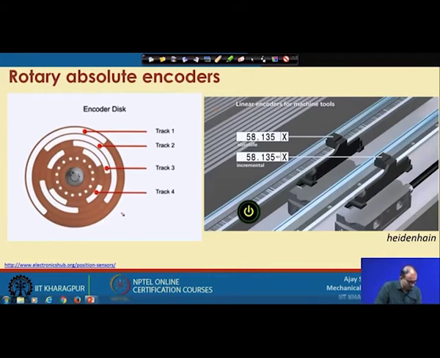The higher the number of tracks, the higher the resolution. Correct. So, that is what this is for.